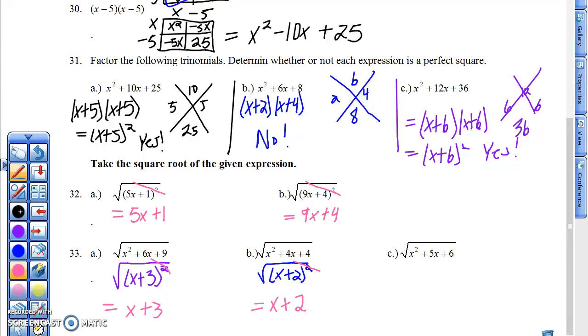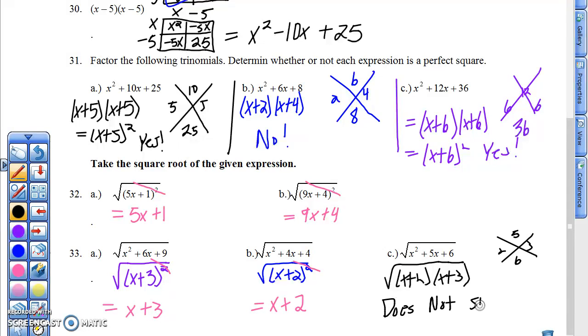And then the last one in C, x squared plus 5x plus 6. I can factor this and do factors of 6 that sum up to 5, which are 2 and 3, and I could rewrite that factored as x plus 2, x plus 3, but that's not a perfect square, so I can't take the square root at all, so this one does not simplify.